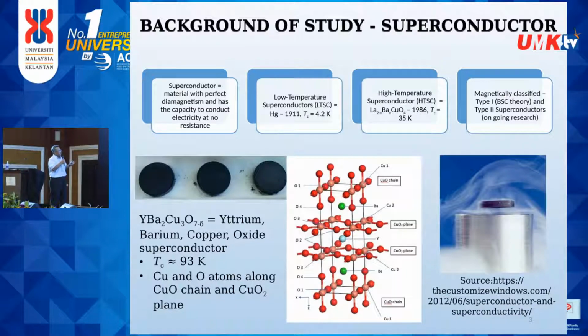So we will see what is actually happening to the copper and oxygen atoms along the copper oxide chain at the bottom, and also at the CuO2 plane that is sandwiched between yttrium, right?